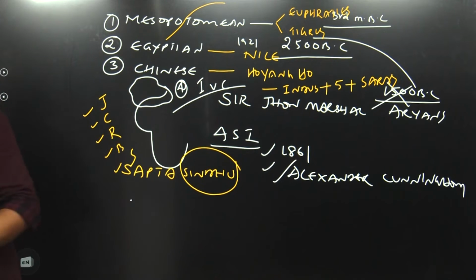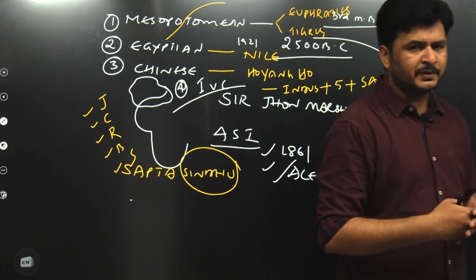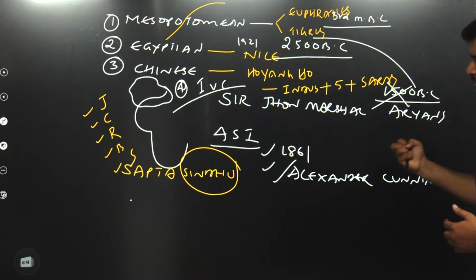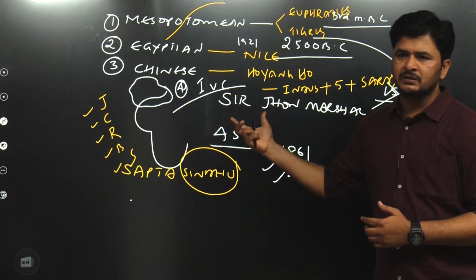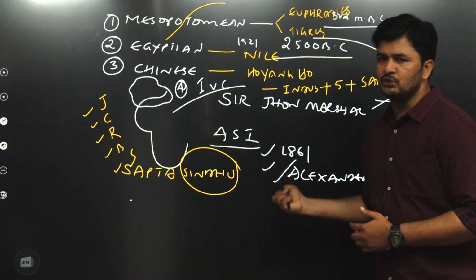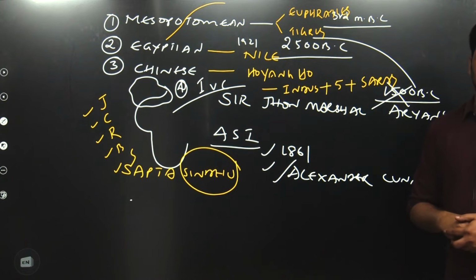So you understand, in this way, by the 3rd millennium BC, there are 4 contemporary civilizations. Until 1921, the entire world believed only 3. Thanks to the Archaeological Survey of India, which gave a new ancient civilization to the world, the Indus Valley civilization.